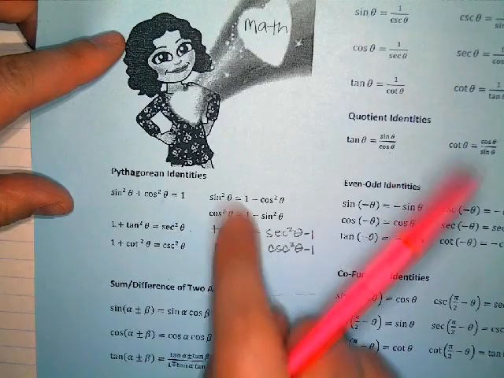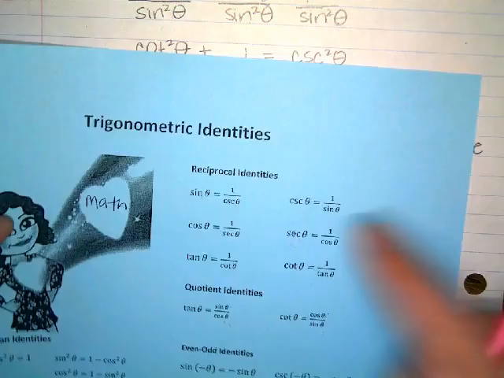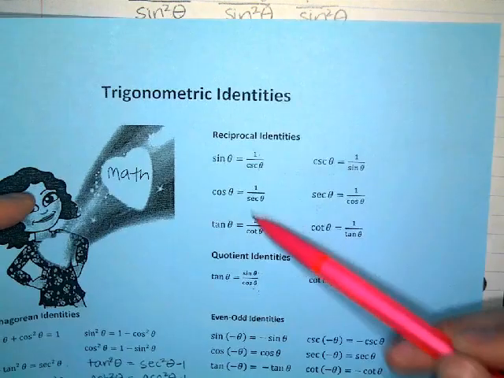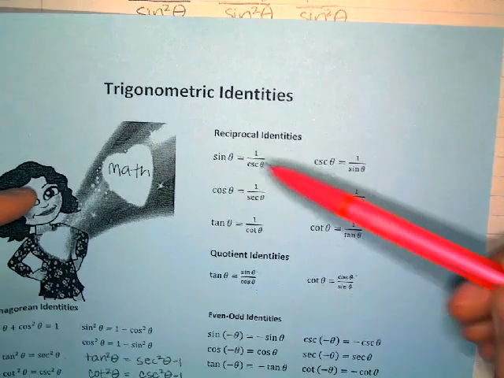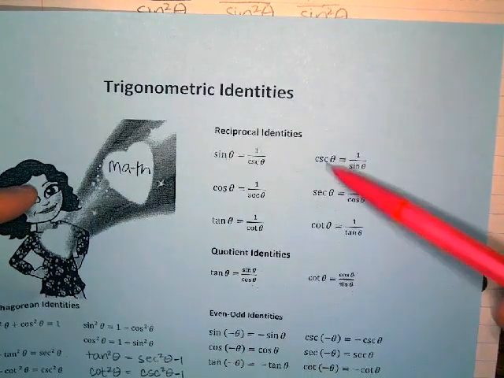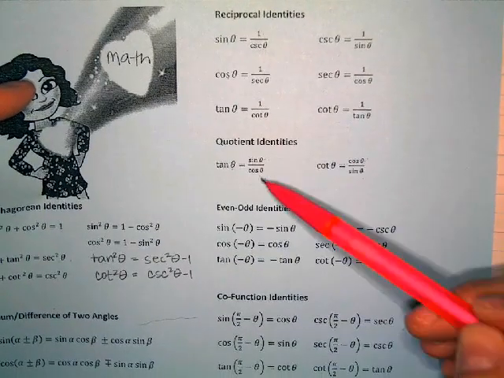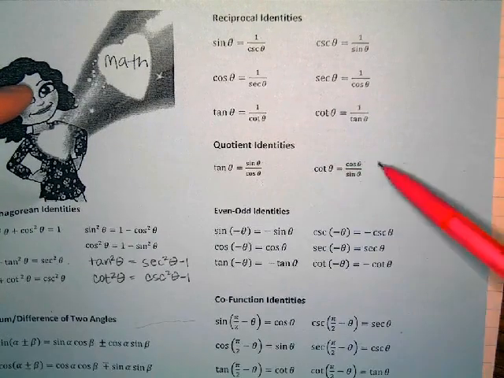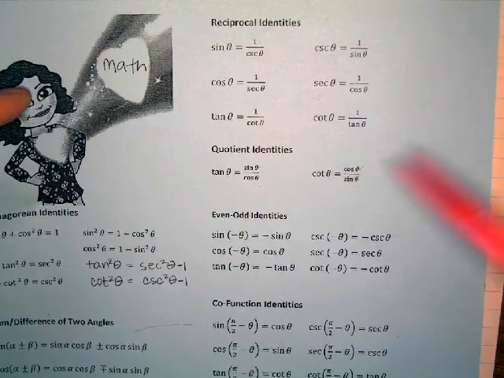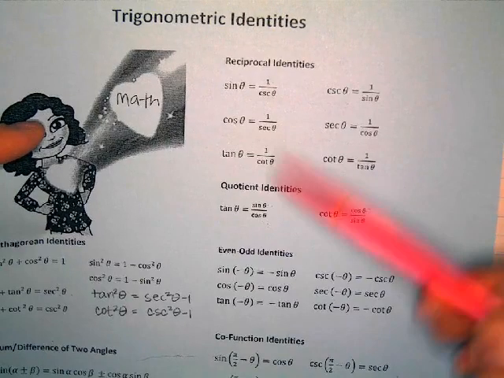Sine, cosine, cosecant, secant, all of these can already be written as sine and cosine. And if it's tan or cotangent, those can be written as sine or cosine. So it's really easy to take a problem with no squareds in it and rewrite all those pieces as sine and cosine.